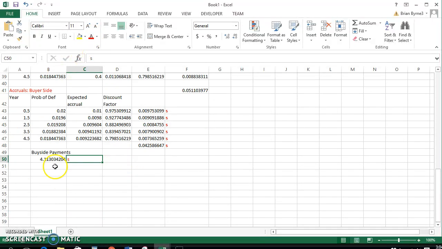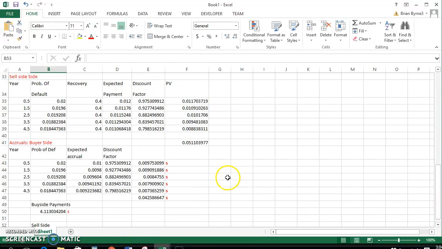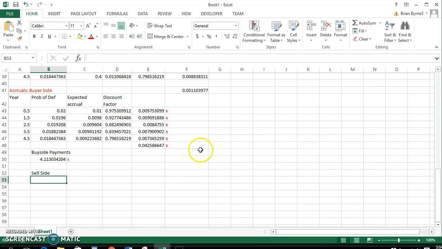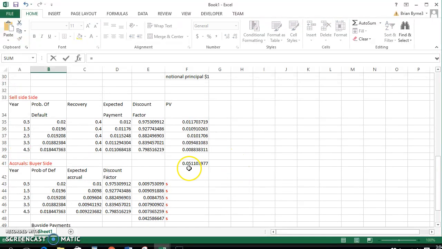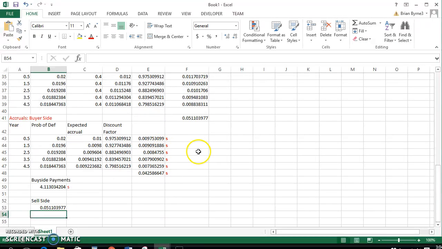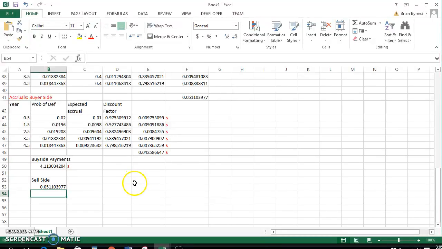And on the sell side, the total amount, the value of that payment is equal to 0.0511.